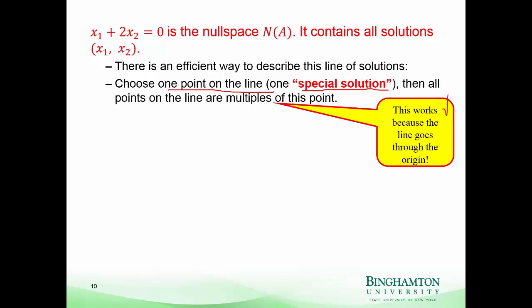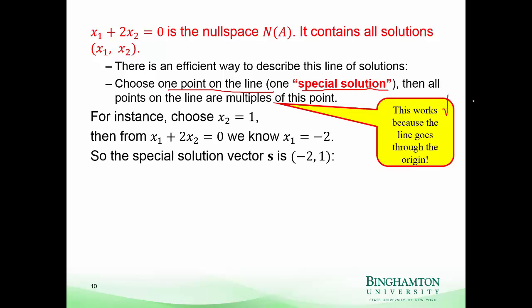This works because we're talking about a line that goes through the origin. That's why we can define a single point and then get all the other points on the line by multiplying that one thing by a scalar. It wouldn't work to describe a line that doesn't go through the origin that way.